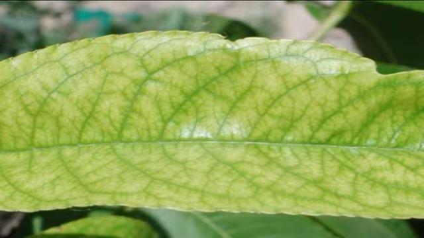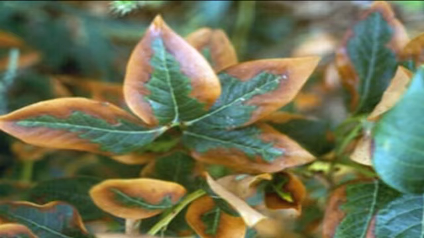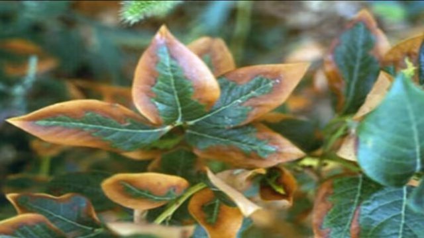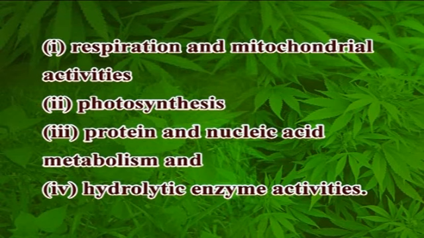The injuries thus caused exhibit different types of visual symptoms like chlorosis, defoliation, necrosis, morphological aberrations, marginal leaf burn, etc. In general, the different physiological and biochemical processes affected by the herbicides are: number 1, respiration and mitochondrial activities; number 2, photosynthesis; number 3, protein and nucleic acid metabolism; number 4, hydrolytic enzyme activities.